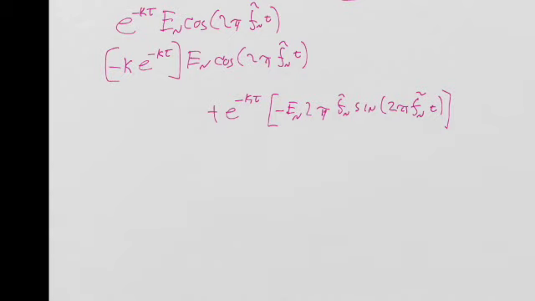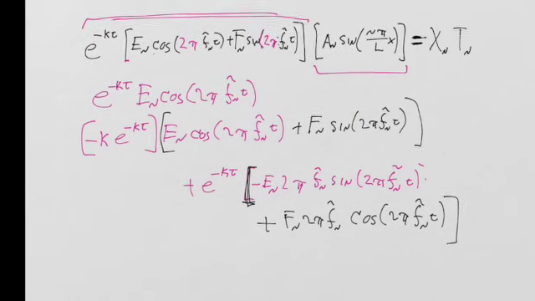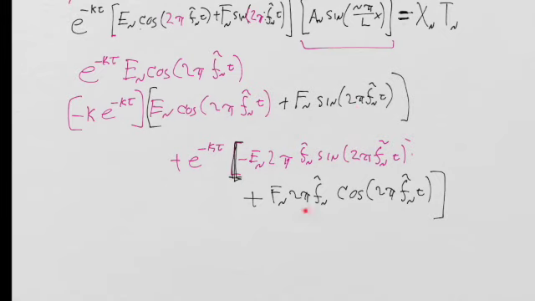That turns out to be, let me just do it offline. When you execute the product rule with the sine, you basically get other terms that just pop in like this. So we're popping in the fn sine 2 pi fn t and the fn 2 pi fn. There's two fn's floating around.